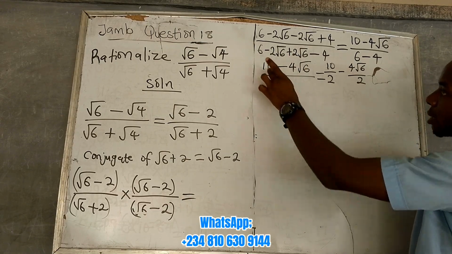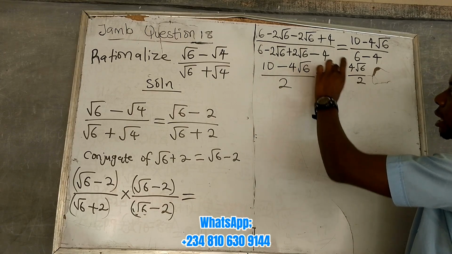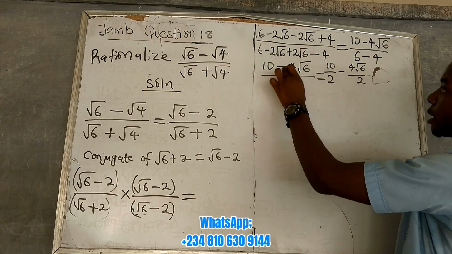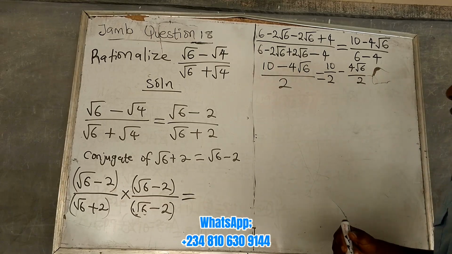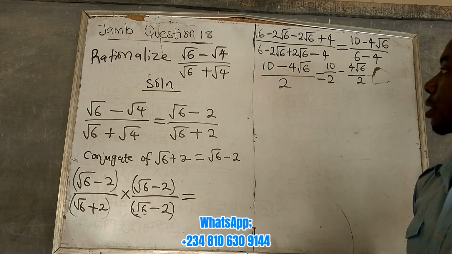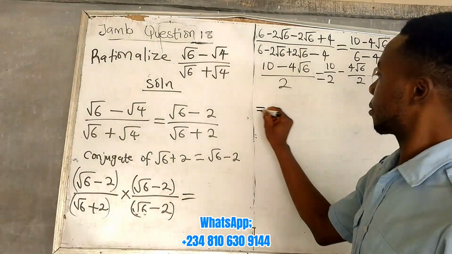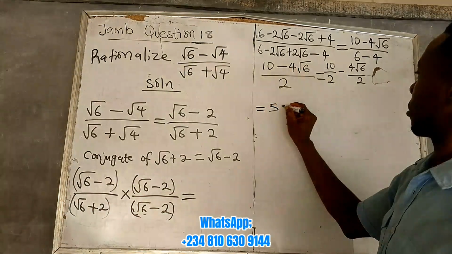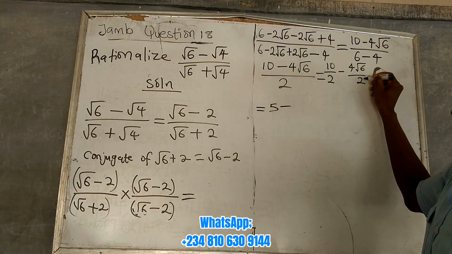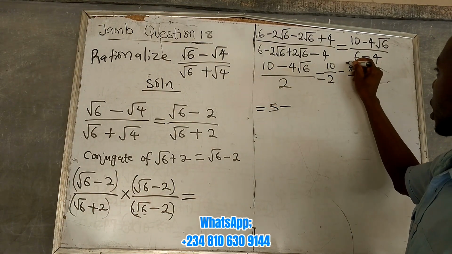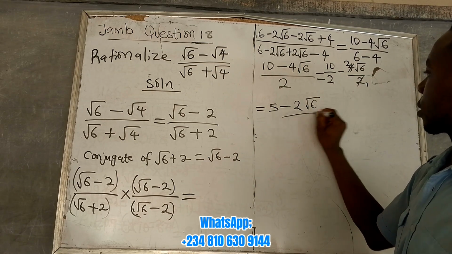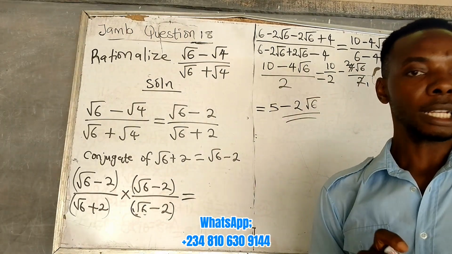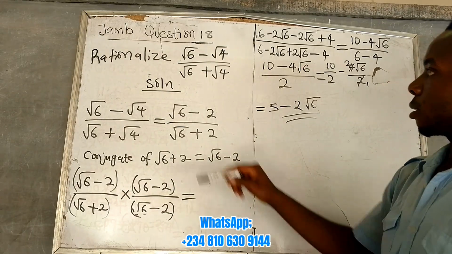So I can just write it individually. 10 divided by 2 will give us 5. Then we have minus 4 divided by 2, which is 2, so we have 2 root 6. 5 minus 2 root 6 is the answer to this problem.